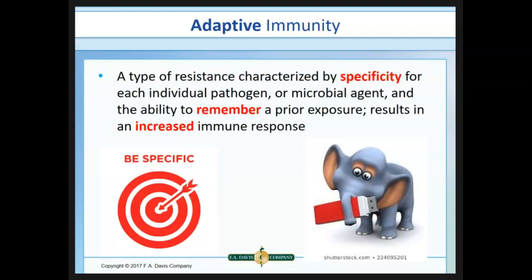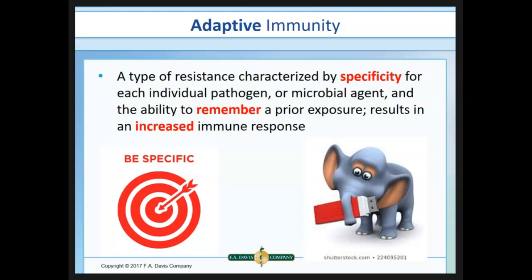Okay, we've been talking about the innate immune system. Now we're going to describe the adaptive immune system. This is just the definition. Adaptive immunity is a type of resistance characterized by specificity for each individual pathogen or microbial agent. So remember, this is the opposite. This time in adaptive immunity, it's very specific.